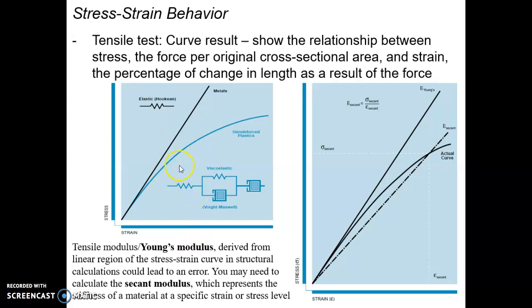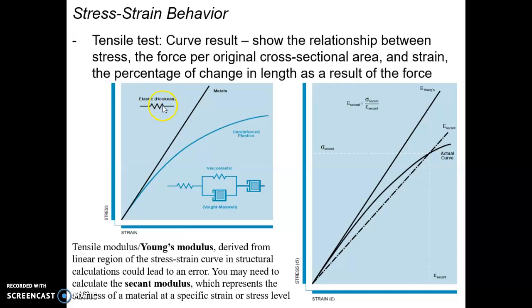Okay, this figure shows the typical stress strain curve for metal and unreinforced thermoplastic. Metal, kita tengok dekat sini dia produce linear graph, kan? Metals typically function within the elastic range of mechanical performance, which is the Hookean or elastic behavior.